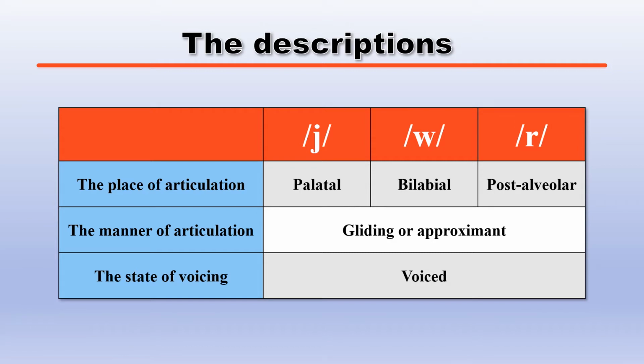For example, y is palatal, w is bilabial, and r is post-alveolar. So palatal, bilabial, and post-alveolar. These are the places of articulation of these three consonants, while the manner is one, and the state of voicing, all of them are voiced.